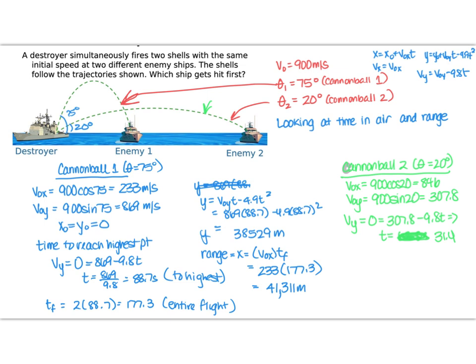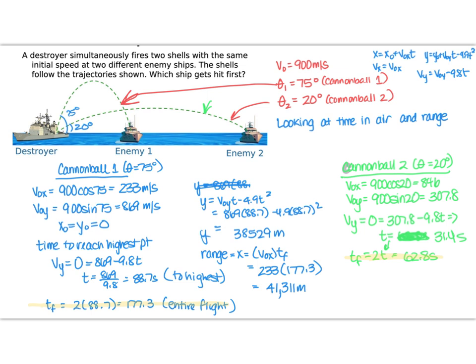I had written down the whole time of flight by mistake. So the time of flight, which is 2 times that t, is the one that's 62.8. So you can see right away that the amount of time that Cannonball number 2 is in the air is much, much less. Remember that for Cannonball number 1, and that's this value right here, it was almost 3 minutes, and for Cannonball number 2, it's more like 1 minute. So big difference between those two.